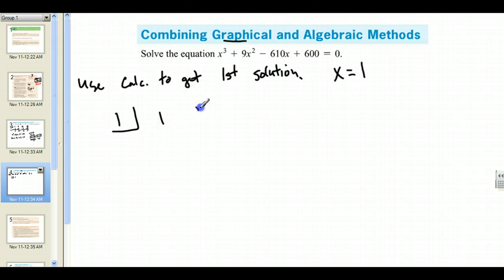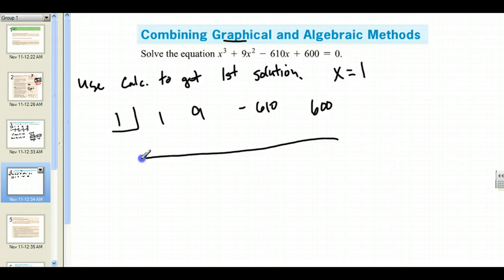So 1, 9, negative 600, and positive 600. Alright, so there's my line to start the synthetic division. Bring this 1 down. 1 times 1 is 1. 9 plus 1 is 10. 1 times 10 is 10.